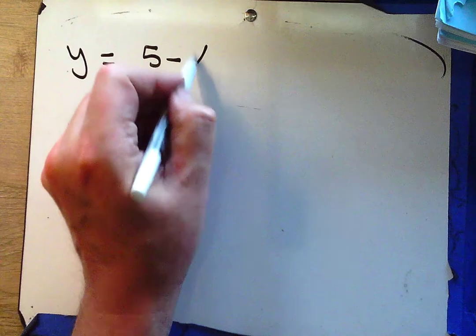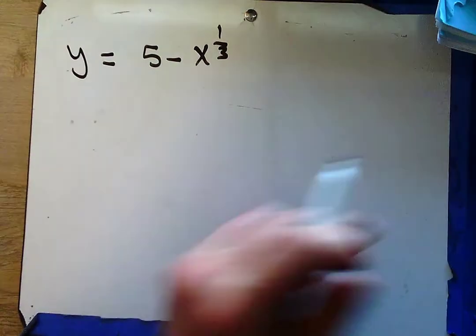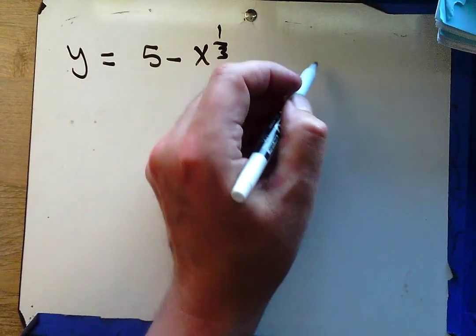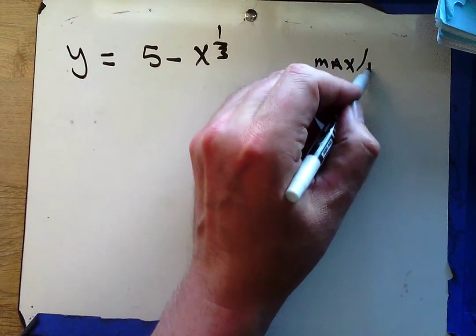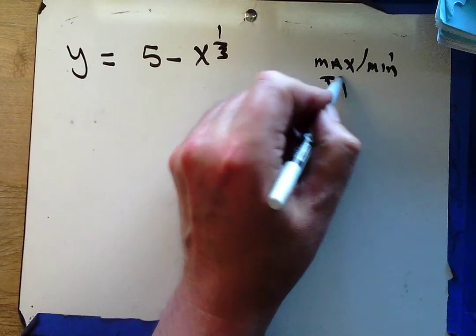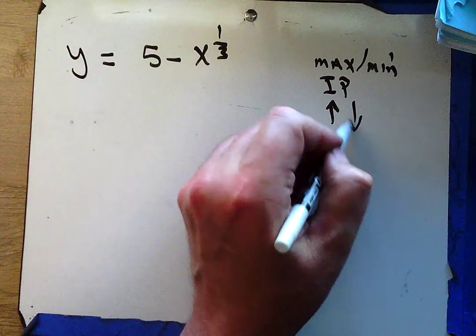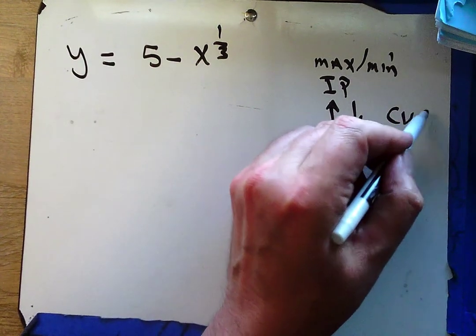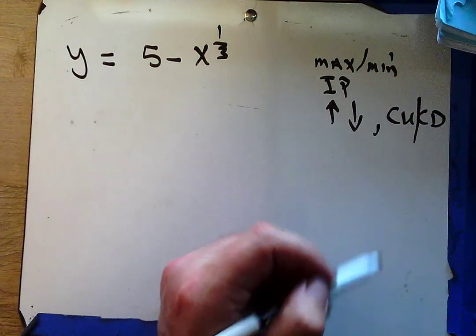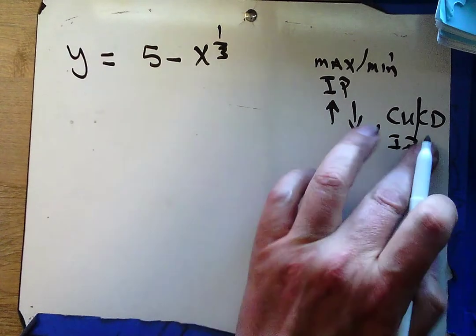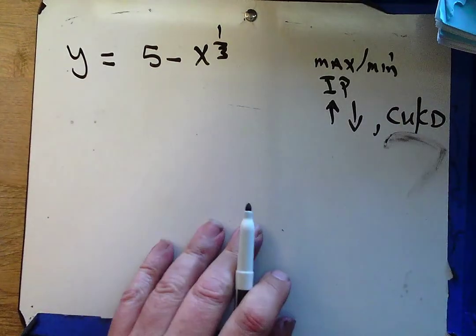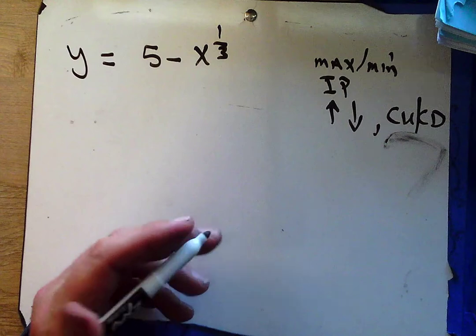So, how about this one? Y equals 5 minus x to the 1/3. And I want everything. I want max, I want min, I want inflection points, I want increasing and decreasing, I want concave up and concave down. Okay, so go find all the stuff. Come back in a few minutes when you're done.